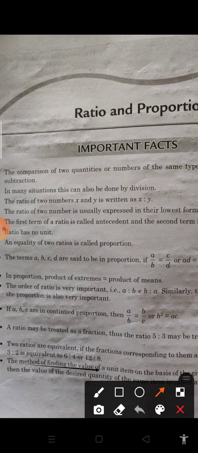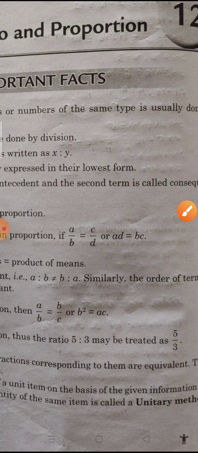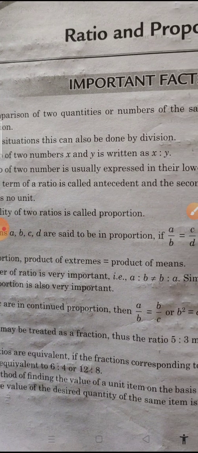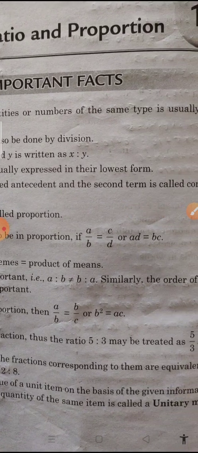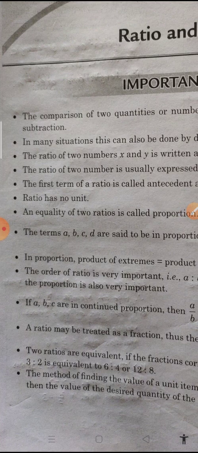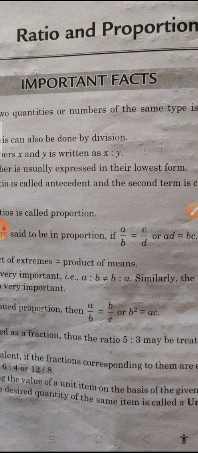The method of finding the value of a unit item on the basis of the given information and then the value of the desired quantity of the same item is called the unitary method. Means the method of finding the value of a unit item. Suppose we can understand from one example. Suppose the value of one item is given and we are asked to find the value of more items.